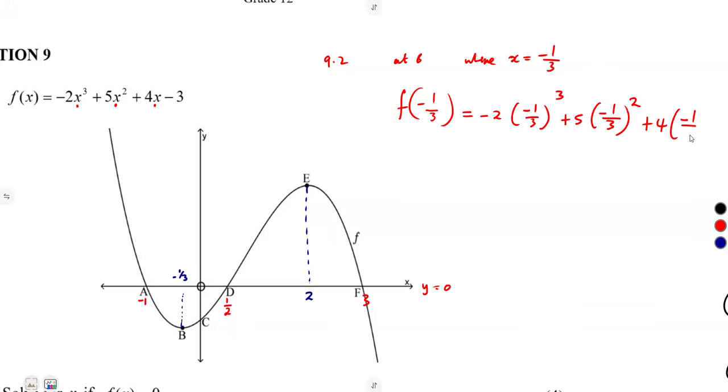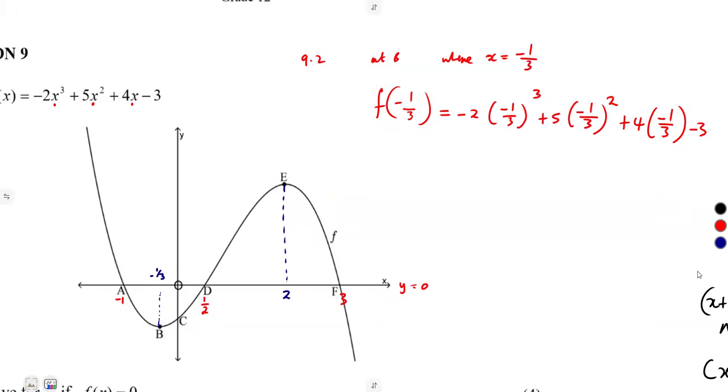This is minus a third, minus 3, as it is from your f of x. So you're going to substitute this as it is. That is going to give us the value of y. By substituting the value of x, you obtain the value of y from there. Using your calculator properly, that was going to give you negative 100 over 27.